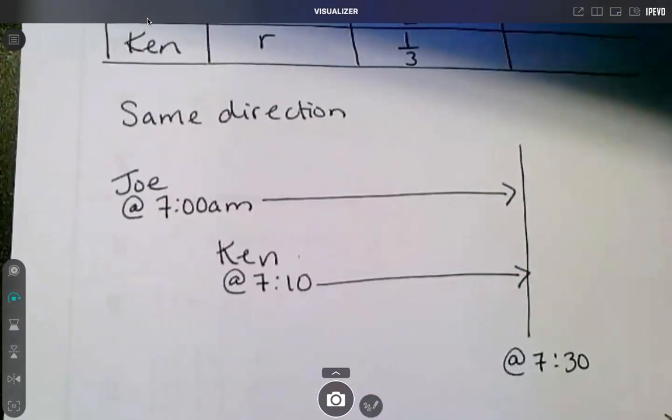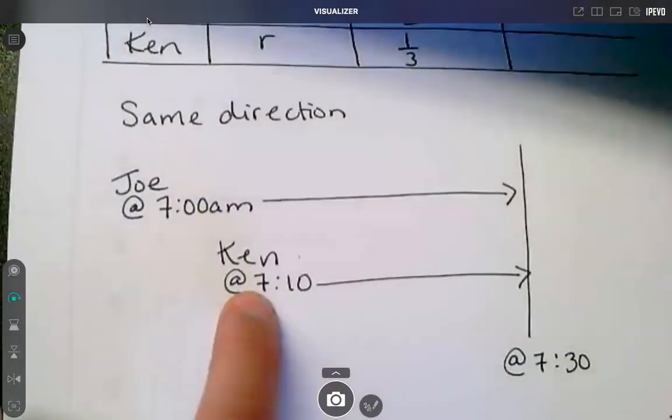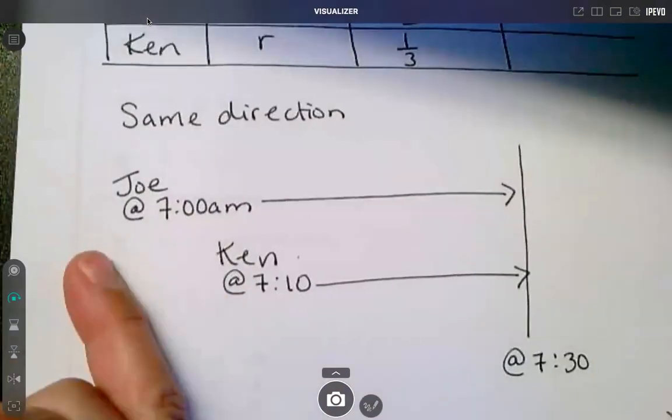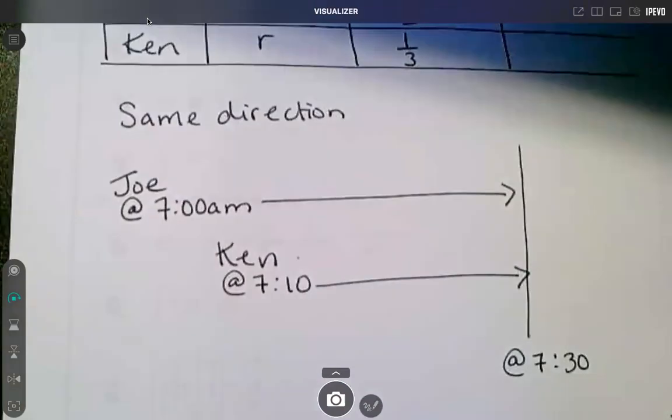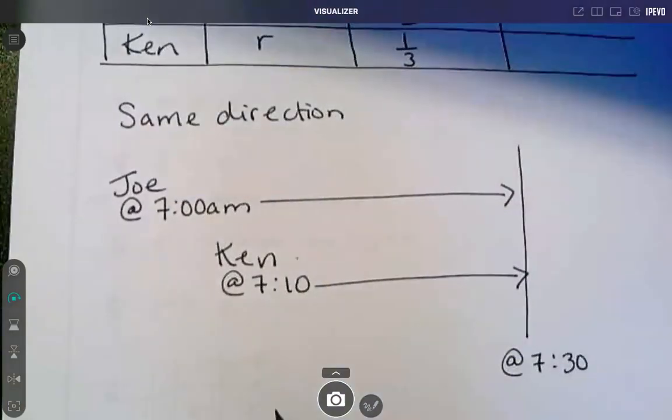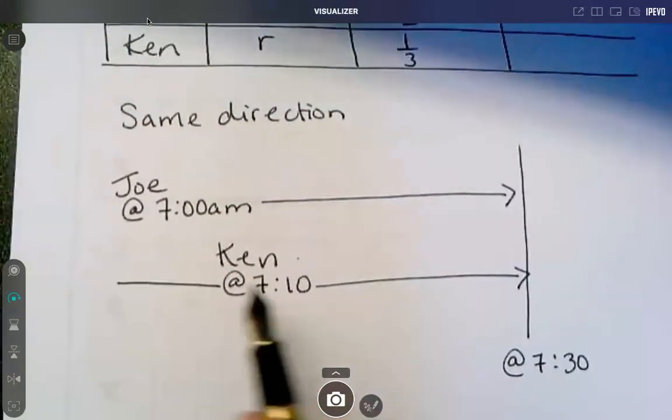So their distances, actually, I guess I really shouldn't draw him that way, because it looks like he's running a shorter distance. He's not. They're running the same equal distance, right? He actually ran the same amount as Joe, though.